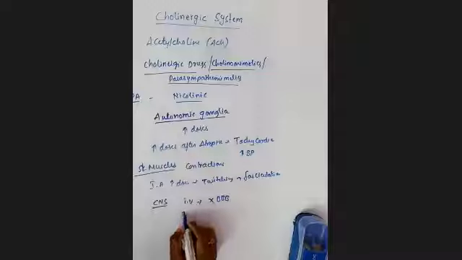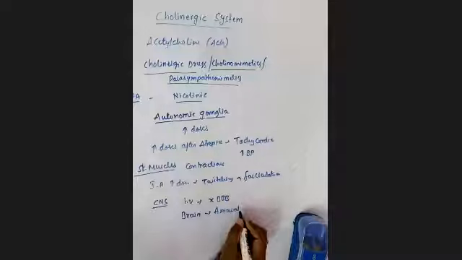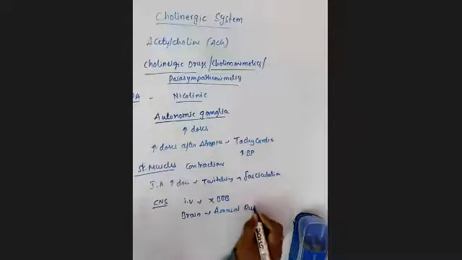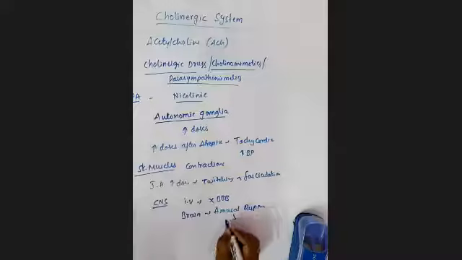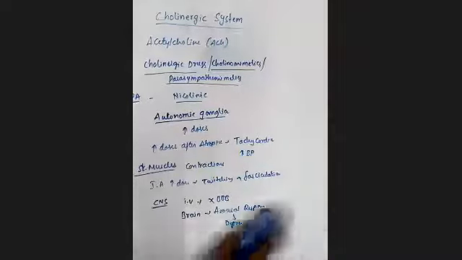But if you give a direct injection to the brain, you may observe an arousal response, which is followed by depression. Okay, these are all the pharmacological actions of acetylcholine.